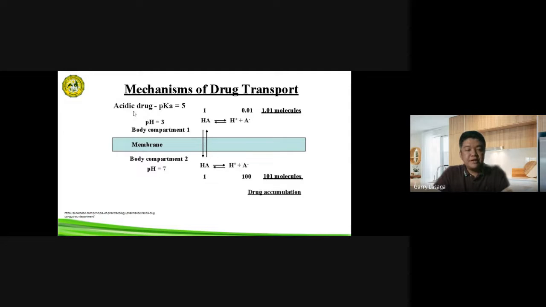So what happens for an acidic drug when we are going to put it in an acidic environment with a pH of 3? The ratio of the ionized form to the unionized form becomes 0.01 is to 1. So that is the difference.